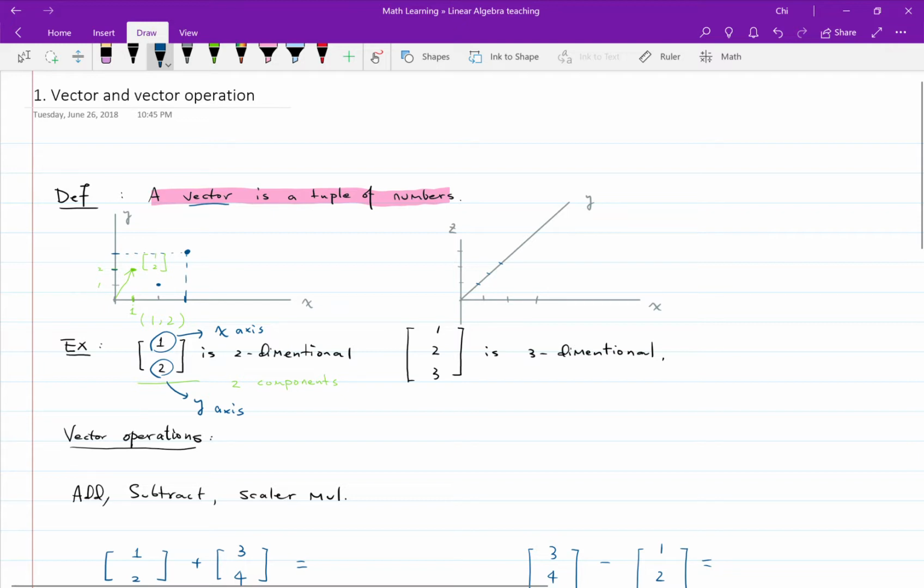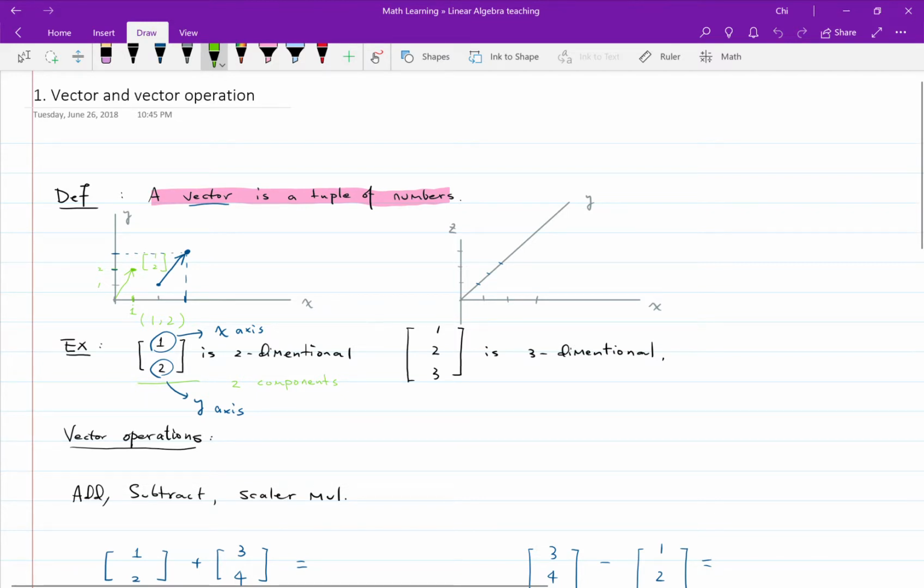The arrow is important. A vector is not just a point. It's an arrow that represents it. So it must have a start and an end. And so maybe my drawing isn't really good, but the blue arrow and the green arrow in this graph all represent the vector 1, 2.